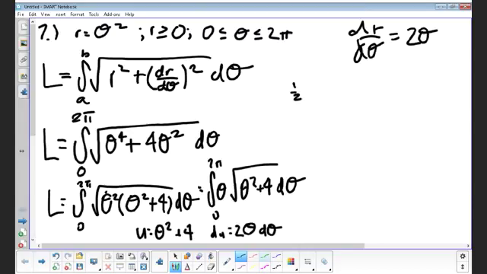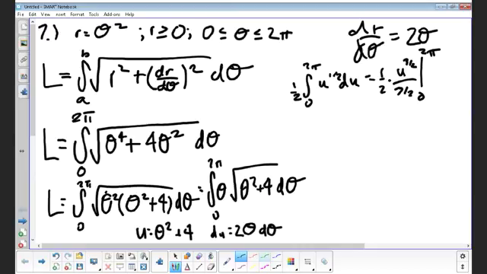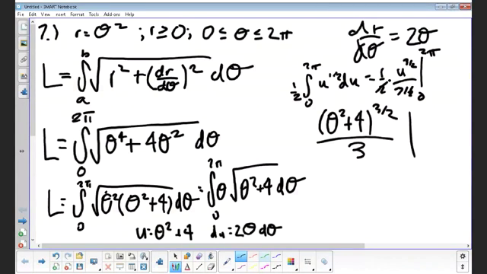We'll have 1/2 integral of u to the 1/2 du, which is u to the 3/2 over 3/2, times 1/2. The 2's will cancel, and we'll just be left with a 3 in the denominator. Plug our u back in, we'll have theta squared plus 4 raised to the 3/2 over 3, evaluated from 0 to 2 pi.